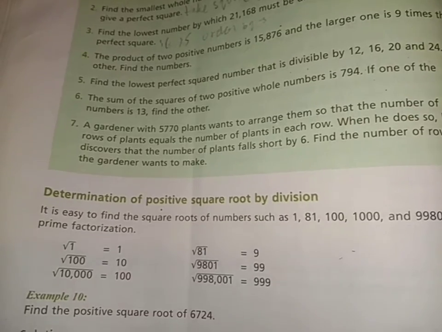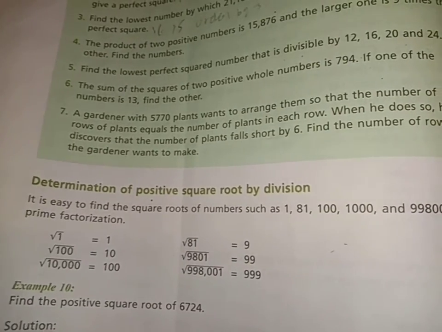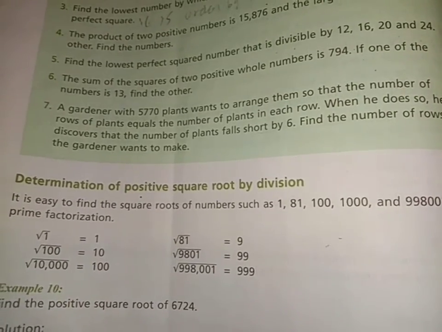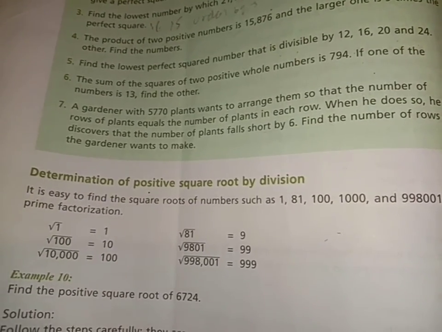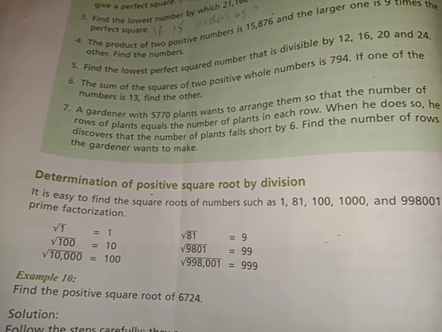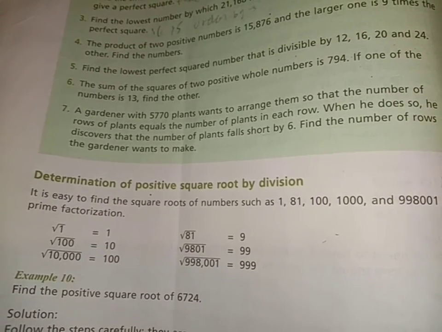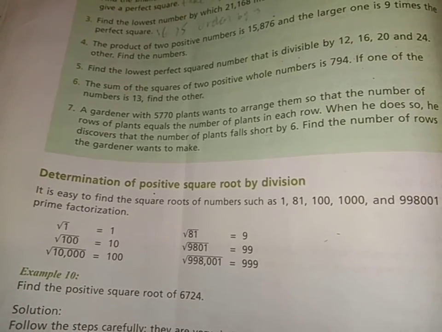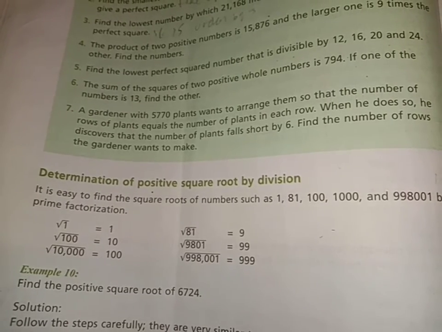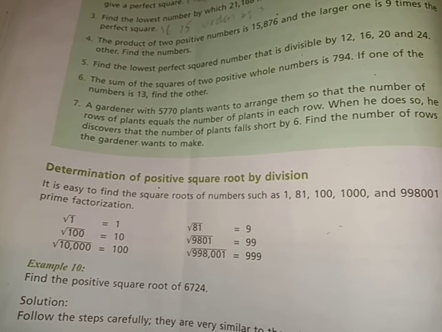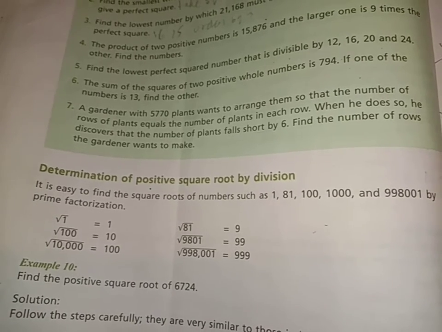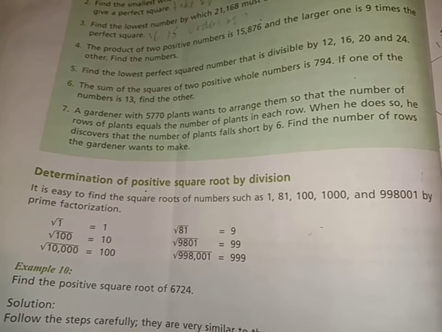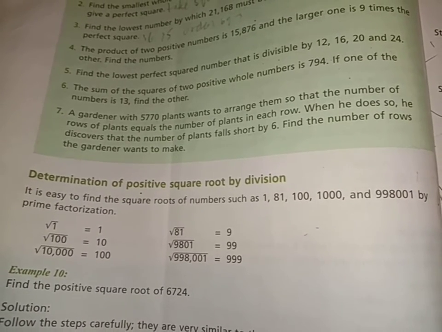Towards question number 7: a gardener with 5,770 plants wants to arrange them so that the number of rows of plants equals the number of plants in each row. So the number of rows and the number of plants in each row are the same. Suppose the number of rows is equal to the number of plants in each row, which is n.